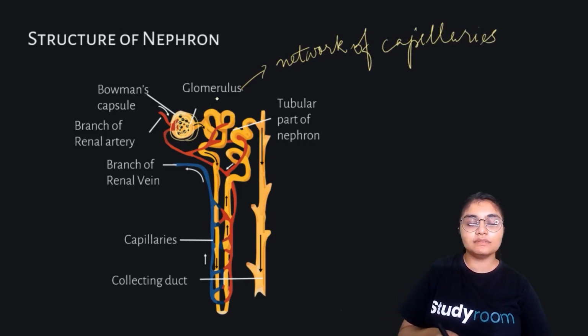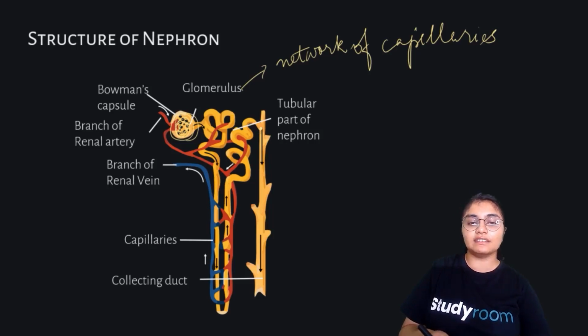Okay, and you can see here how these ducts are there. This nephron is there. So this is a branch of the renal artery, and this is a branch of the renal vein. The renal artery and the renal vein are simultaneously accompanied with the ducts of the nephron. This is the tubular part of the nephron, and the ducts go along with the renal vein and the renal artery.